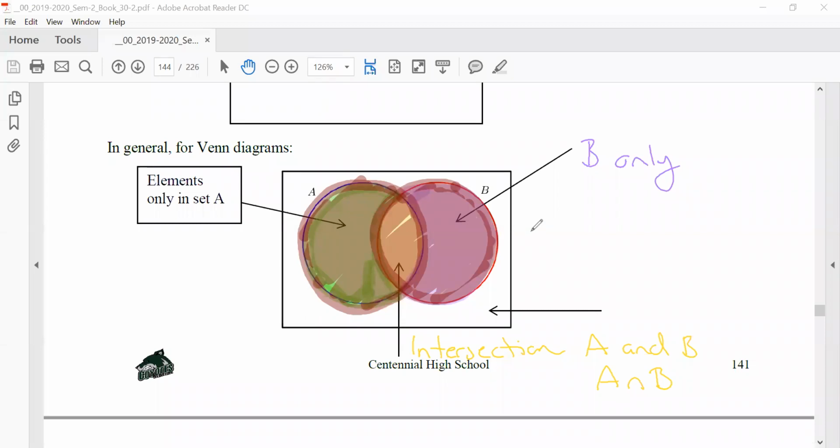So the new shade right there, A or B, also known as A union B, is both circles put together. Okay, so again, usually with unions we're getting bigger because we're adding elements together. Not always, but most of the time we're getting bigger.